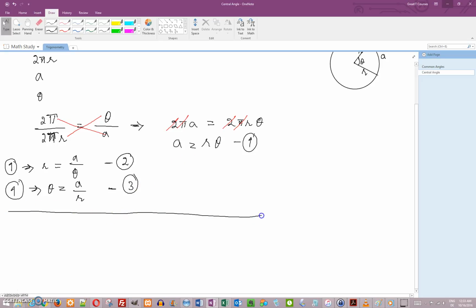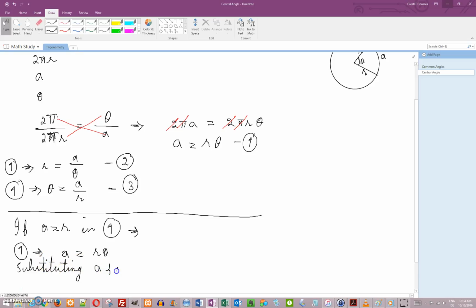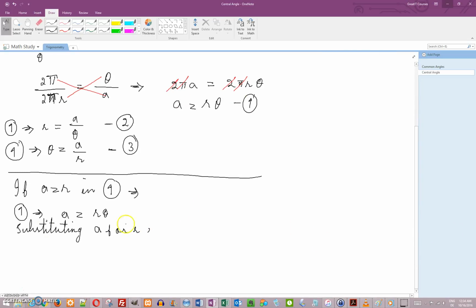Let me write it down. If A is equal to r in equation 1, for example, substituting A for r, we would get r is equal to r theta, and so theta would be equal to r by r, which is equal to 1.